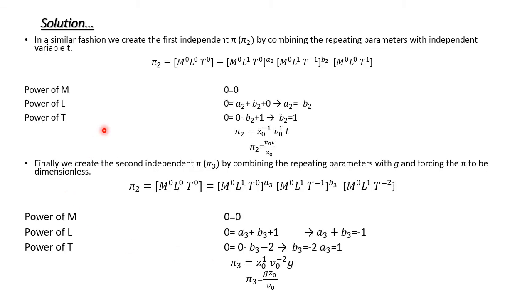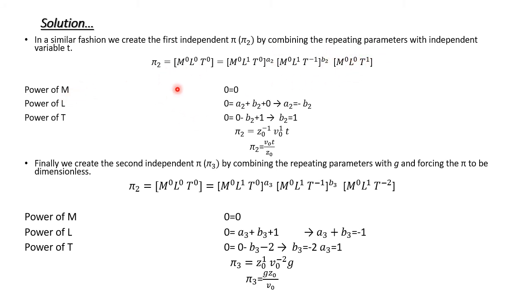In a similar fashion we will find pi 2 and pi 3. We take the equation: pi 2 is dimensionless, so M^0 L^0 T^0 I have written. On the right hand side I have written the dimensions of z0 with a2 as the whole power, and v0 with b2 as whole power, and time, T^1.